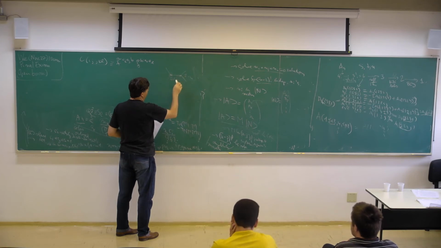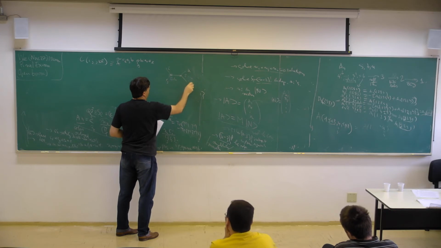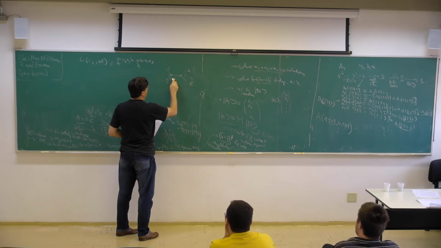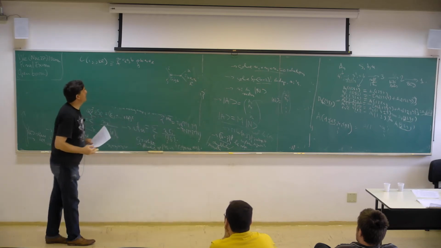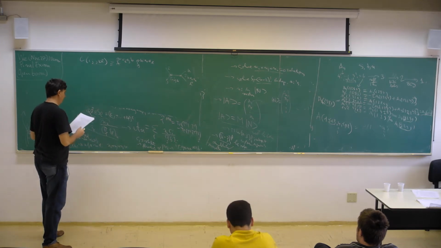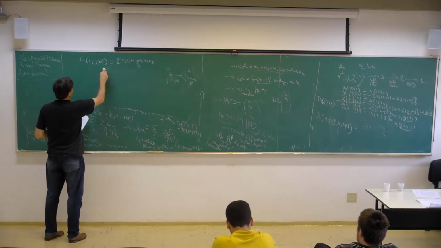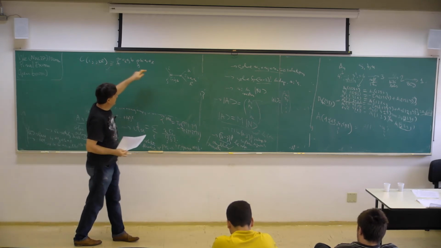There's this index that's summed over, so really I have things like this: AI, AJ, B. Here I have B, AK, AL. Okay? So this is the color factor that appears in the 4-point amplitude. And then these are identified by I, J, K, and L.